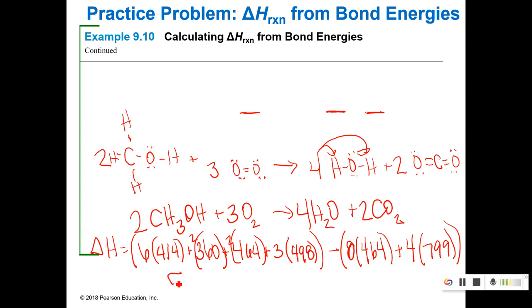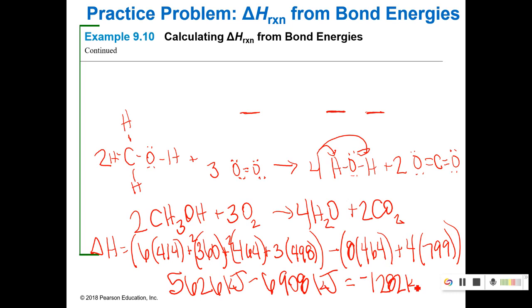So I get 5,626 kilojoules minus 6,908 kilojoules. So this one will be exothermic. Negative 1,282 kilojoules.